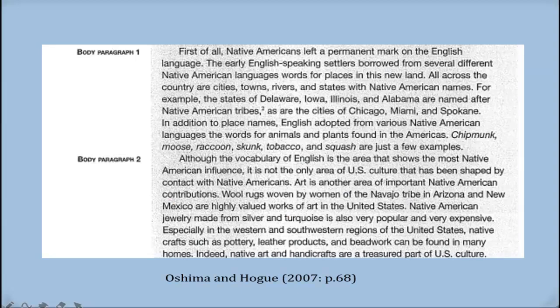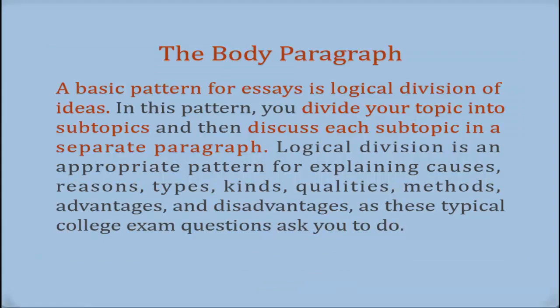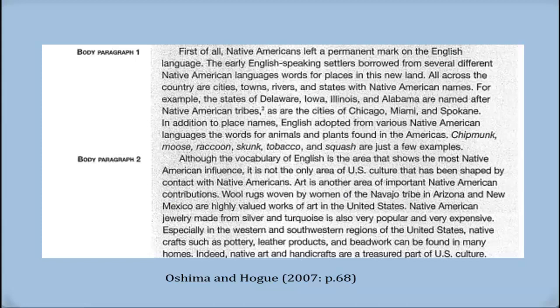Now this is an example of the body paragraphs taken from the book that I have shared with you, Oshima and Hogue, 2007, page 68. See body paragraph 1. First of all, Native Americans left a permanent mark on the English language.